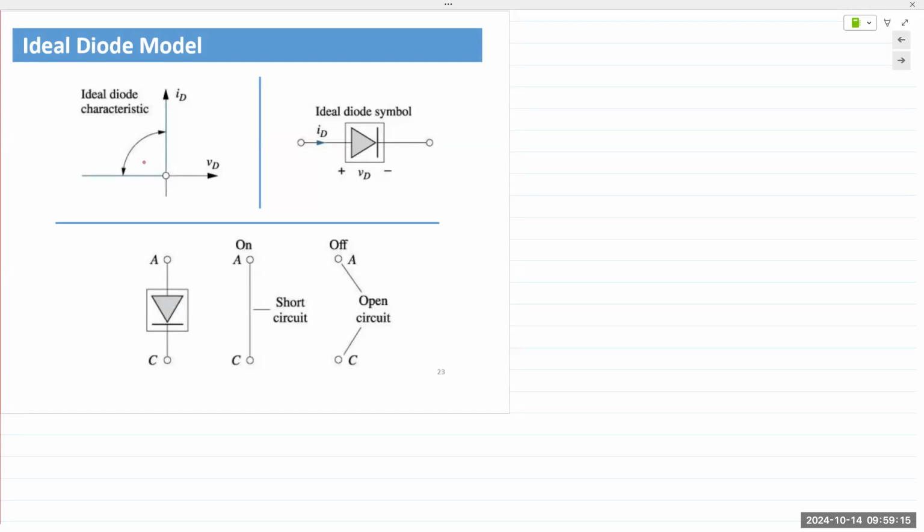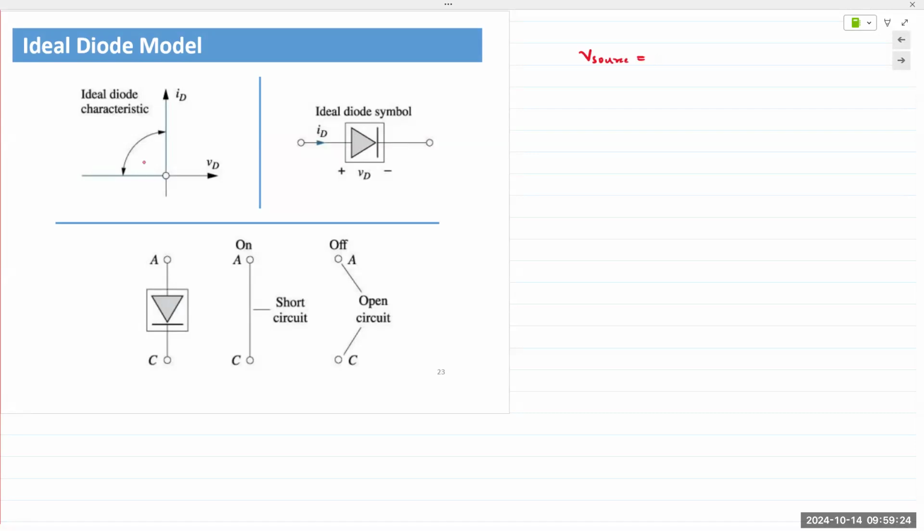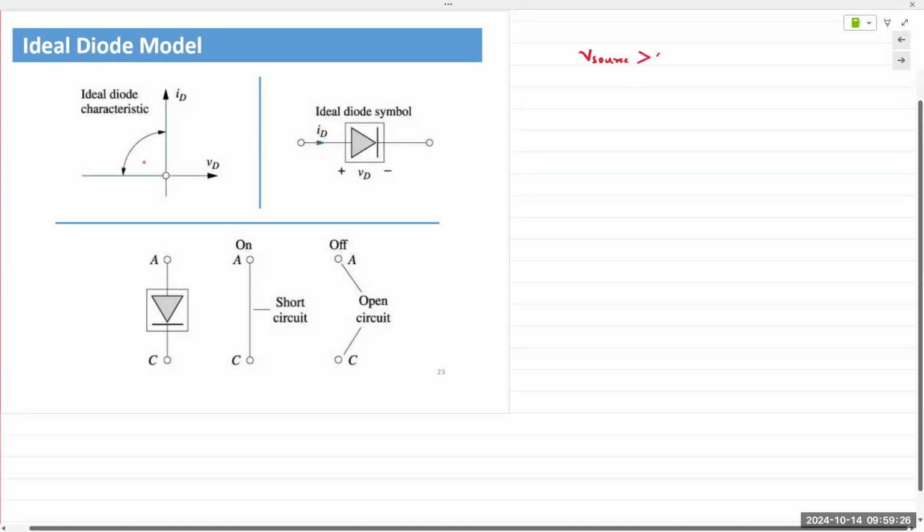In an ideal diode model, we say if the source voltage applied to the diode is slightly greater than 0, then the diode is on. And when the diode is on, in forward bias, it is replaced with a short circuit. In reverse bias, we say the diode is off.